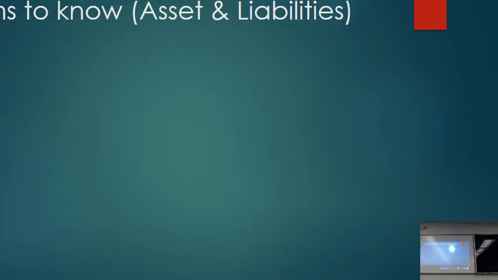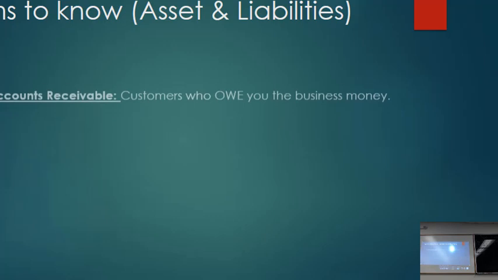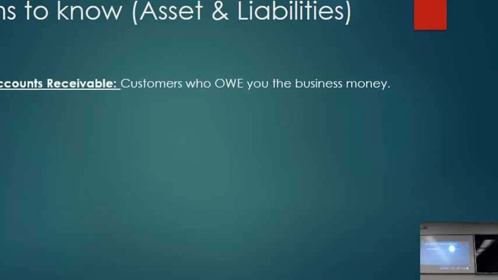Now the terms to know, just to get into specifics of what is in the assets. The one that I saw most that y'all were getting mixed up on was accounts receivable. Accounts receivable is when you have a transaction where your customer owes you money for the services that you did for them or the products that you sold them.